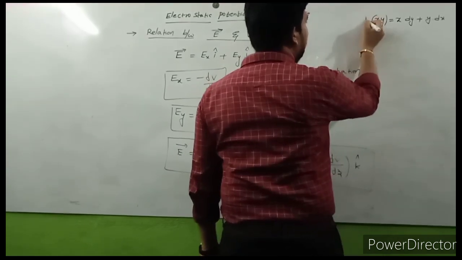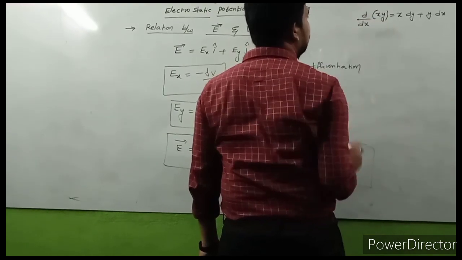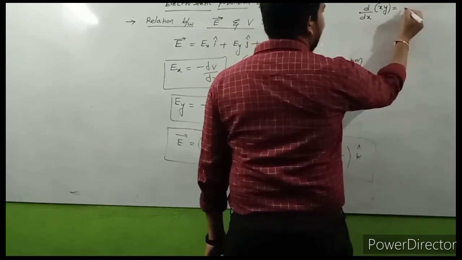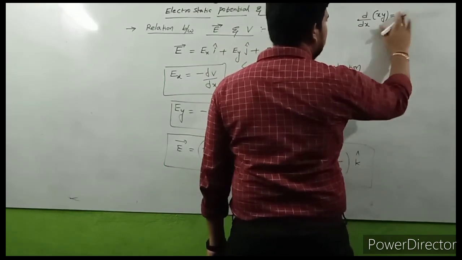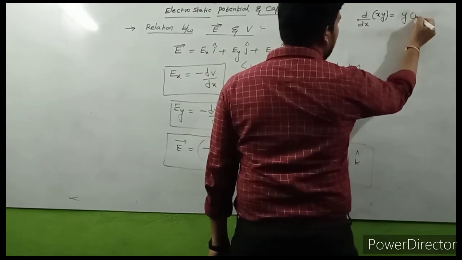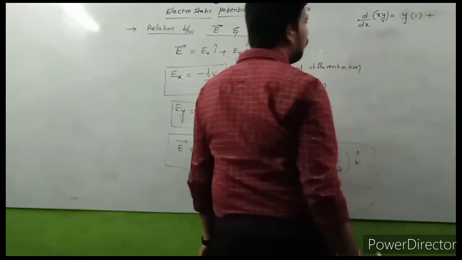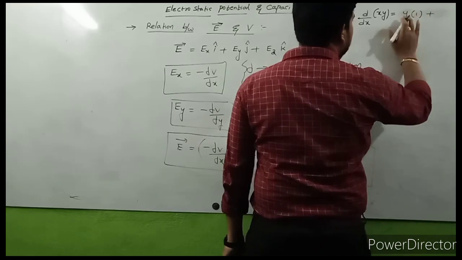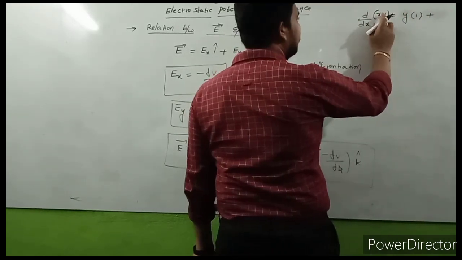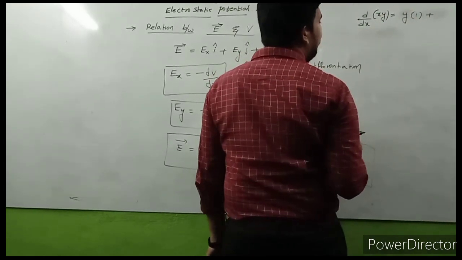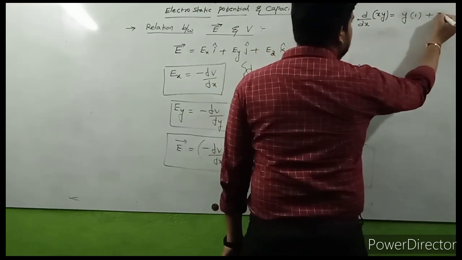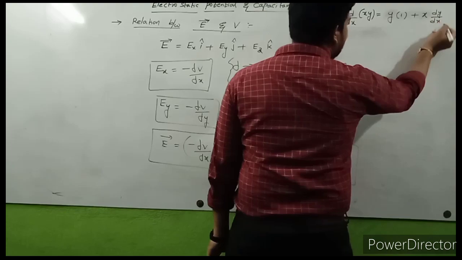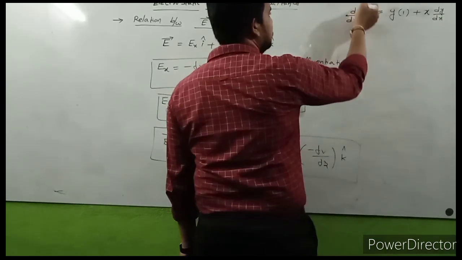Differentiation d by dx of xy means: first y constant, differentiation of x is 1. Next x constant, differentiation of y is dy by dx, like the differentiation of uv formula.